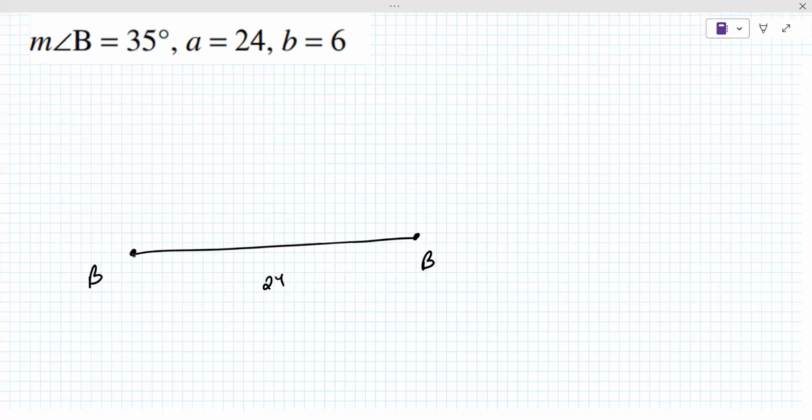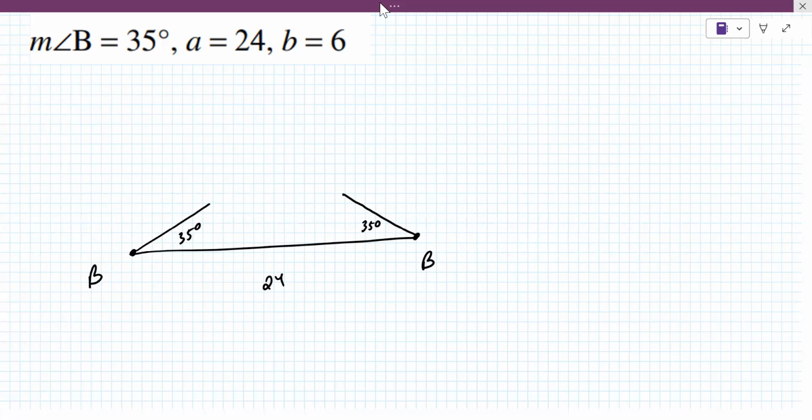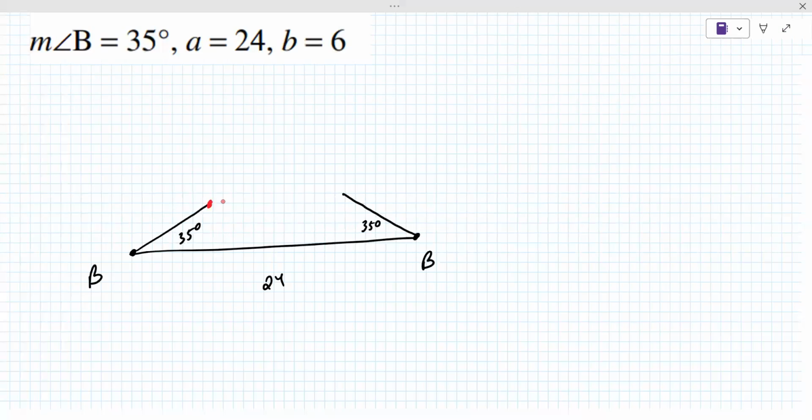But in either case, let's just say it's there, or it's there. The measure of angle B, 35 degrees. Is this possible? We're trying to decide if we can make another triangle out of these, given that other one.